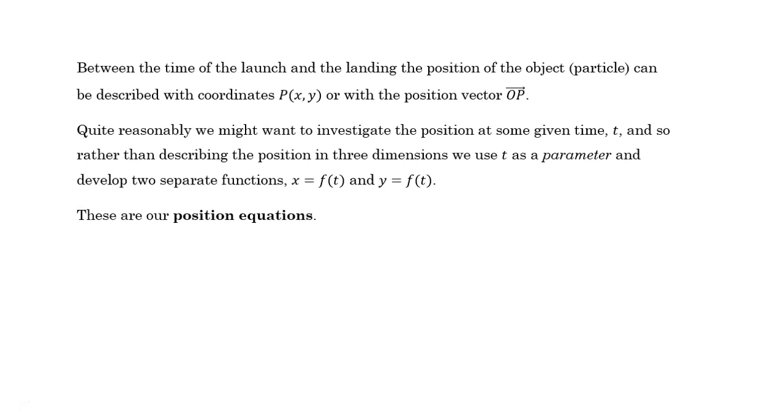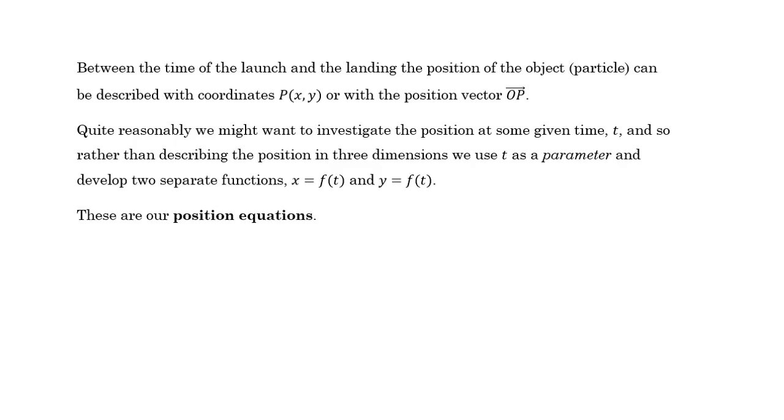Now, because my particle is moving in the vertical and horizontal dimensions, and they're changing over time, we've got three variables there, and that makes life a little bit difficult for us at this stage. So rather than deal with all three variables at once, we're going to break this up into vertical and horizontal components and look at those changing with respect to time.